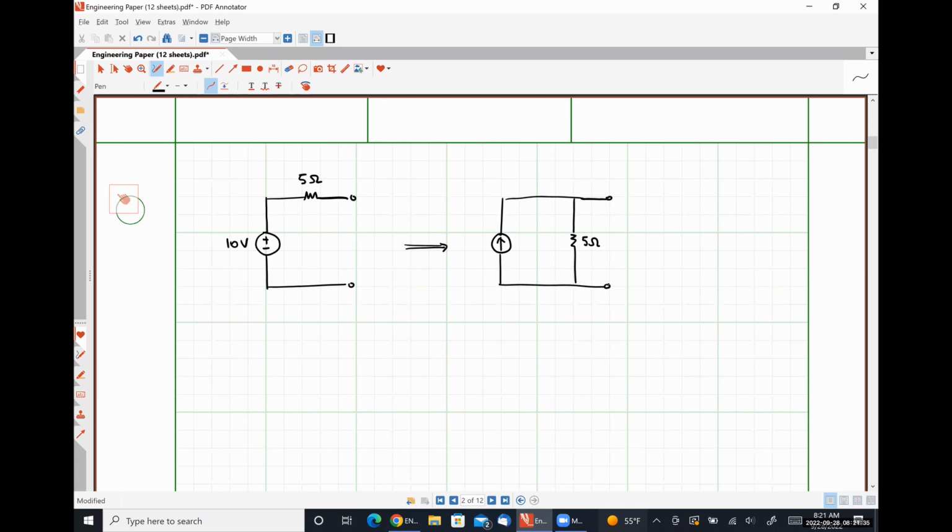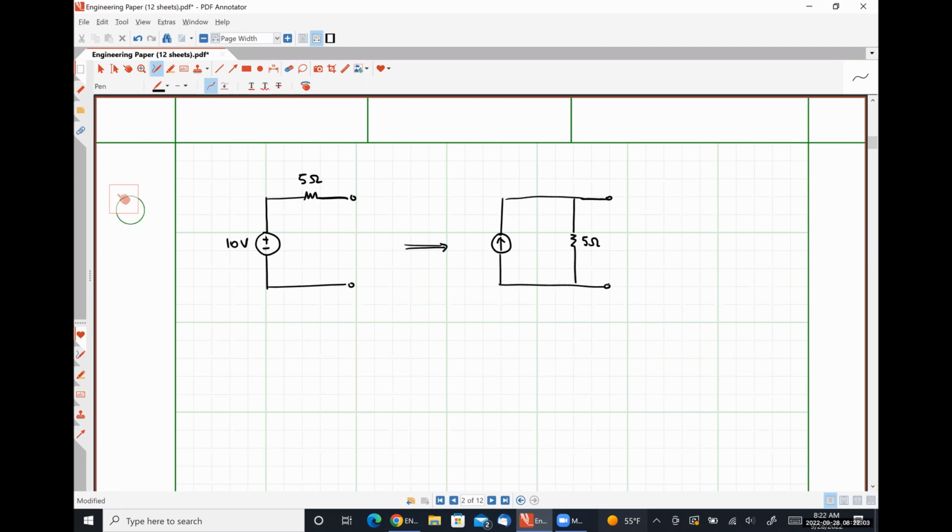All right. So one thing that I want to point out here, and it's critical, the positive polarity terminal of our voltage source tells us where the head of our arrow is supposed to be, okay? So if the positive polarity terminal of the voltage source is on top, the arrow needs to be pointing up.